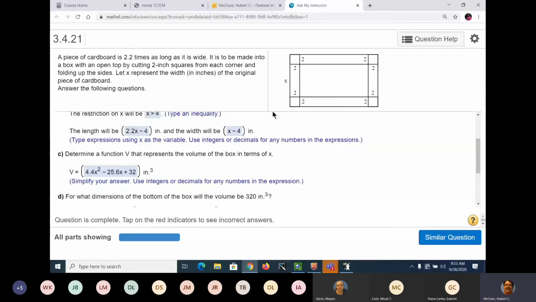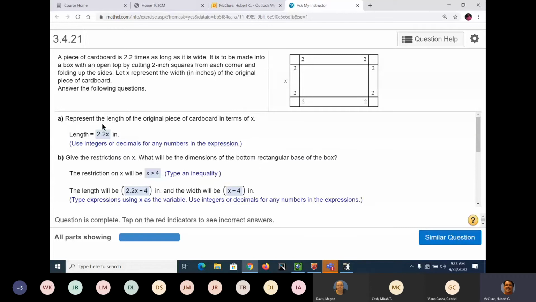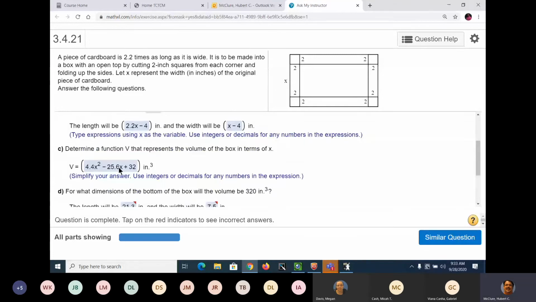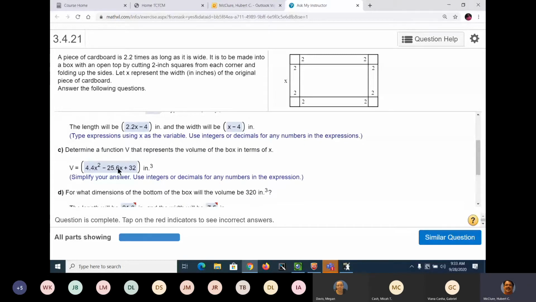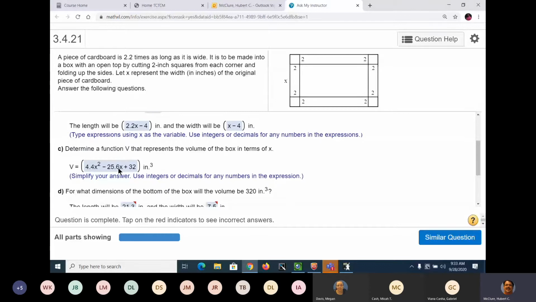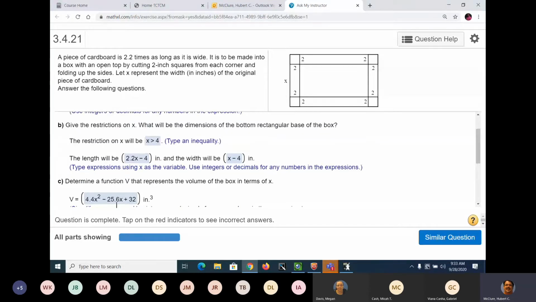So you have 4 added this way, and 4 added this way. Basically, if you understand the first part, A and B, then you're going to get this. I don't even care about anything after this right here, because I'm going to take this and it is decimals, so you would use the quadratic formula here.